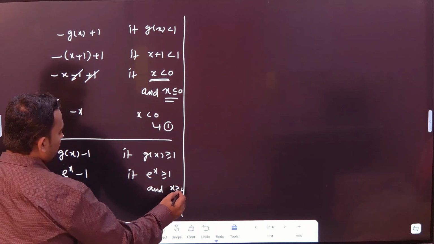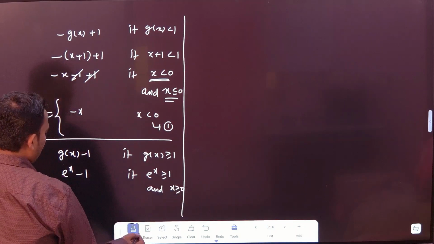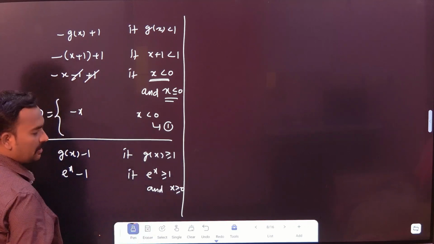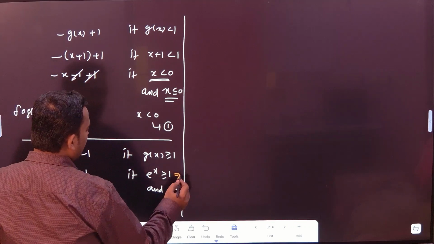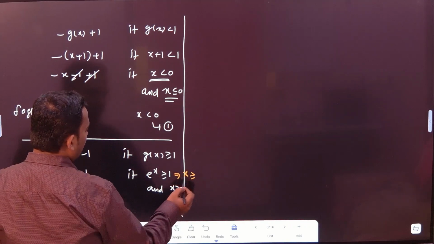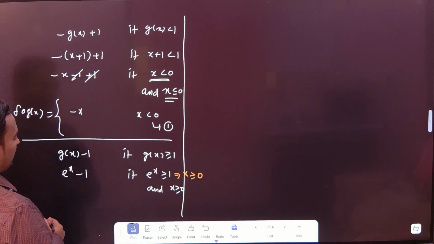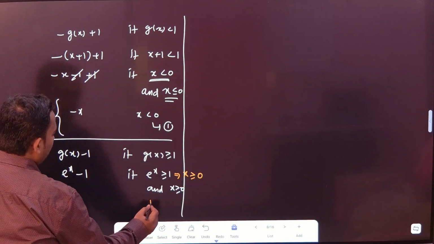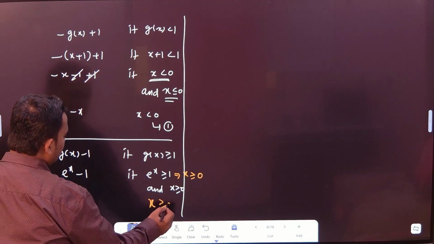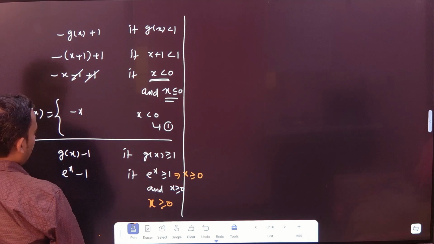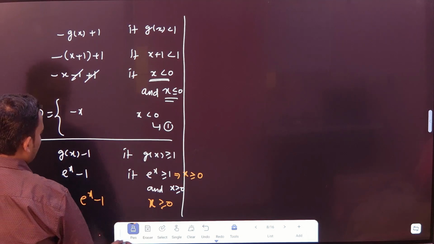Then you can solve this one. Student, e power x greater than or equal to 1 means x is greater than or equal to log 1, that is log 1 base e, which is 0. So x is greater than or equal to 0. Therefore, combining these two, the common part will be x greater than or equal to 0 only. e power x minus 1. This is the second one.